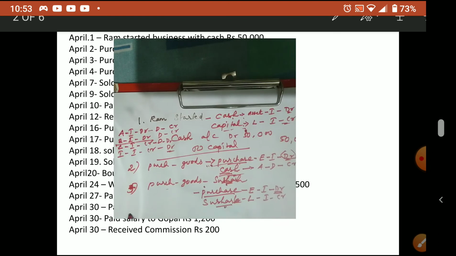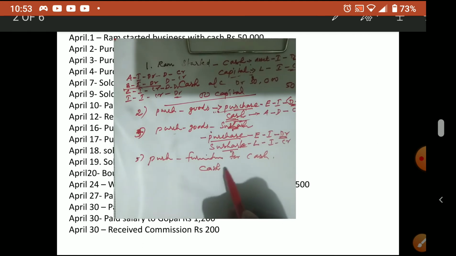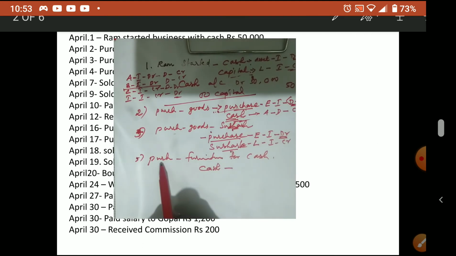Now fifth, purchase. Next also purchased, but it is furniture. Purchase furniture for cash. When cash is there, cash is an aspect. The other aspect: purchase furniture means don't take purchase.